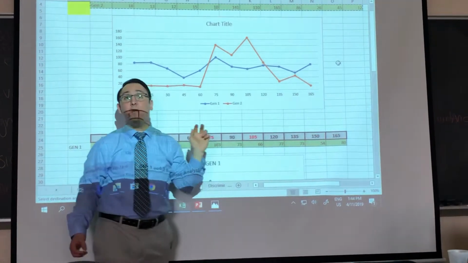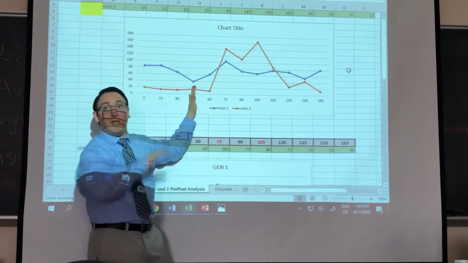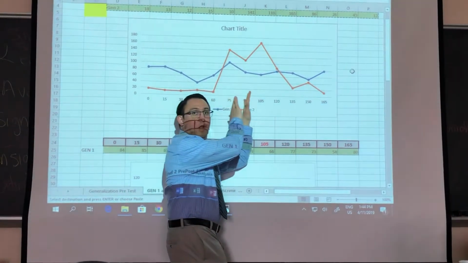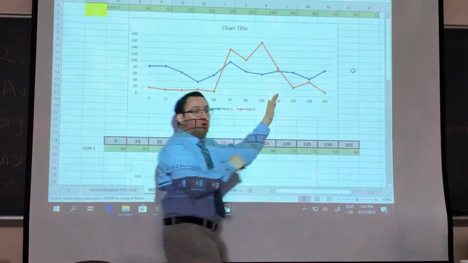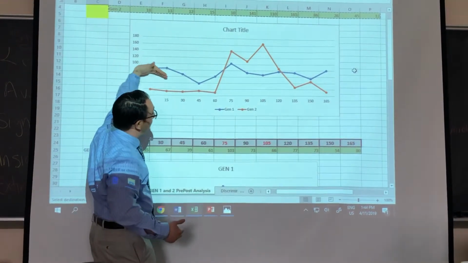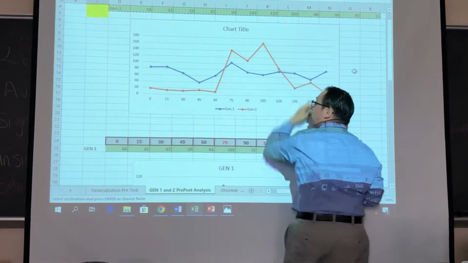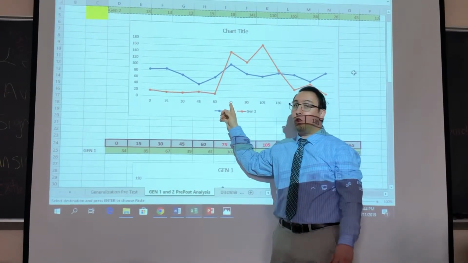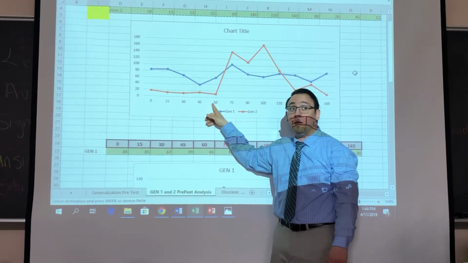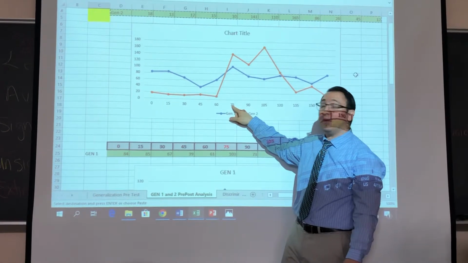The reason that our responses were higher for 105 is because the inhibitory strength from 60 pushed it away from 90. So the inhibitory gradient, that's the U, went like this. Because 75 looked more like 60 than like 90, I may not have had a lot of excitation to it.